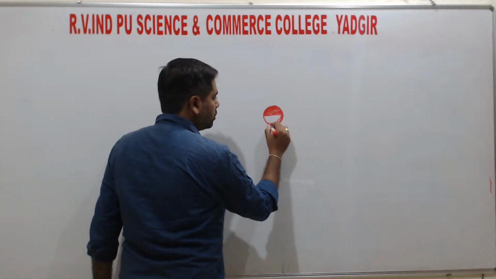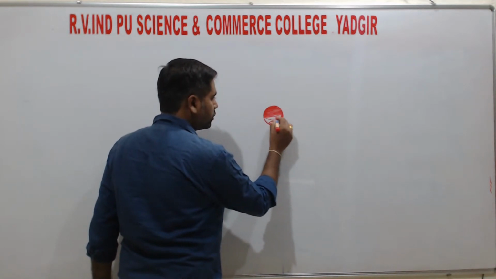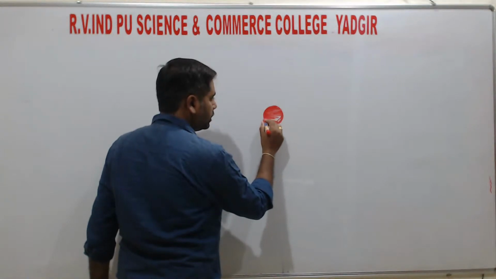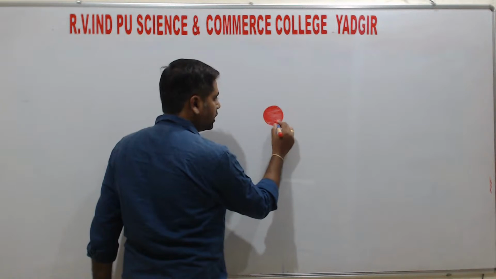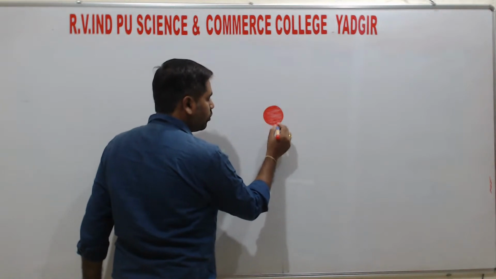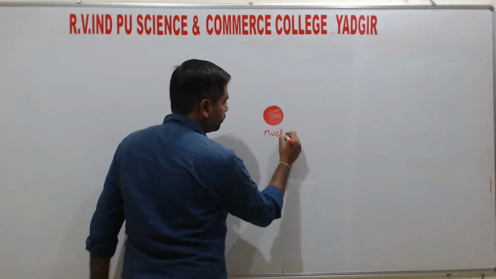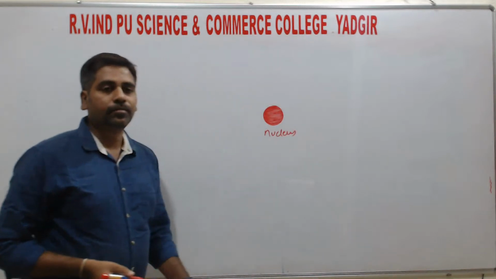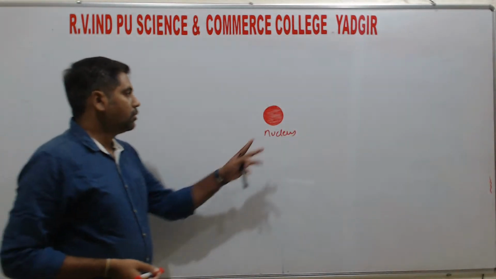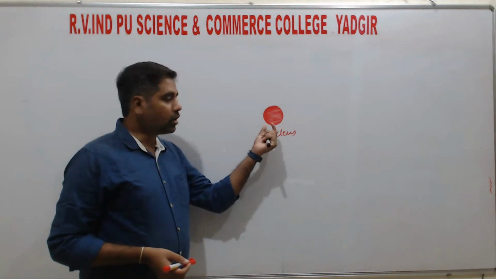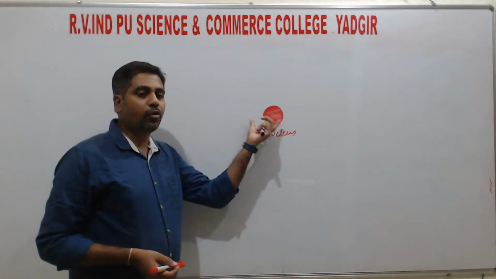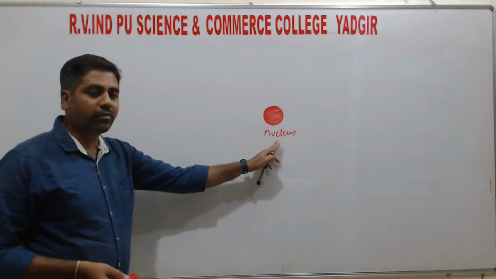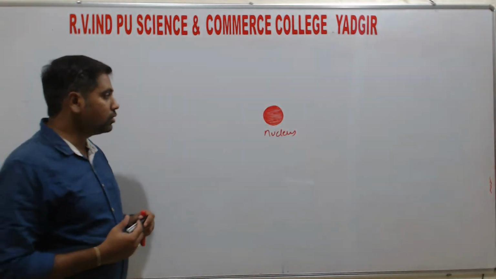This is the nucleus of the atom, and it contains the positive charges. The entire mass of the atom is concentrated in this small volume, which consists only of positive charges, and he named it the nucleus.